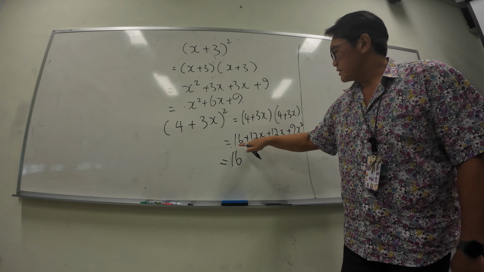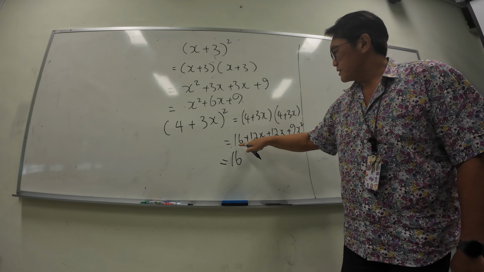Okay? Then it also can be number minus unknown, squared. What it means is still the bracket multiplied by itself. Then we will have front times front, front times back, 2 times negative 3x, so minus 6x.